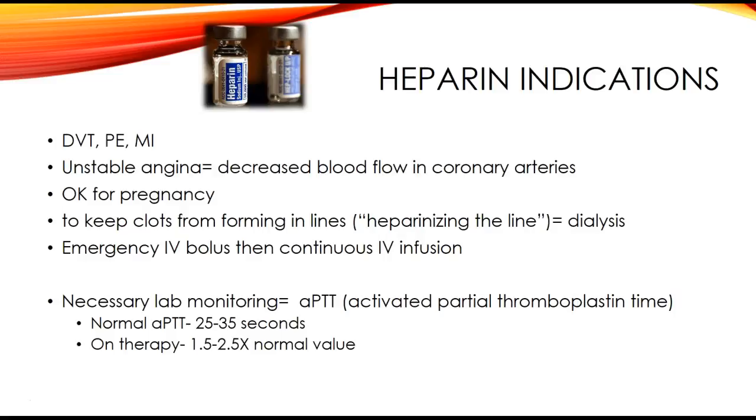This is what the nurses will be tracking to determine how effective the heparin is for the patient. So a normal APTT is about 25 to 35 seconds. When a person is on heparin therapy, they can be increased 1.5 to 2.5 times that normal value, just depending on their specific situation.